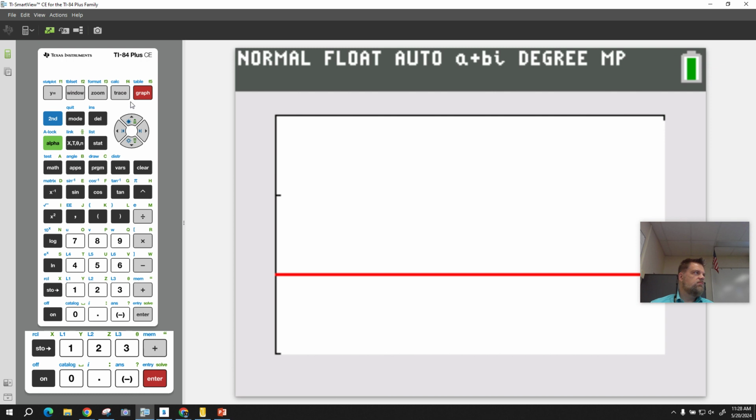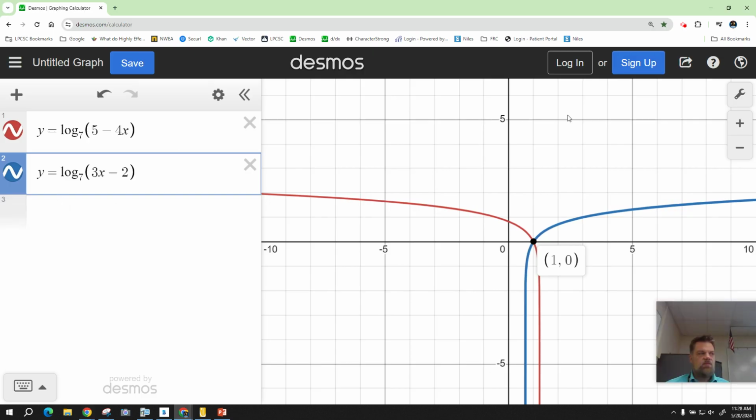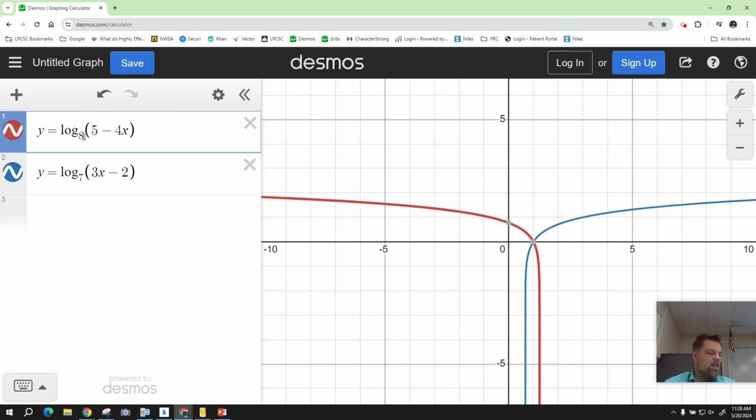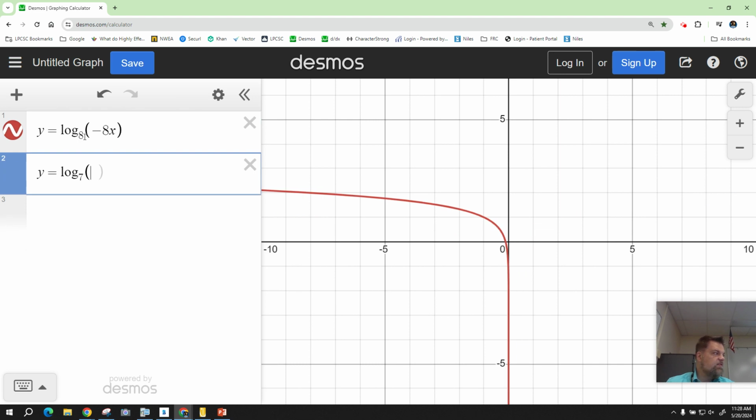So see why that's weird for the Texas Instruments. Now watch this. The calculator that I recommended, Desmos. How do I do this log? Log base 8 of minus 8x, and then this is going to be negative 2.